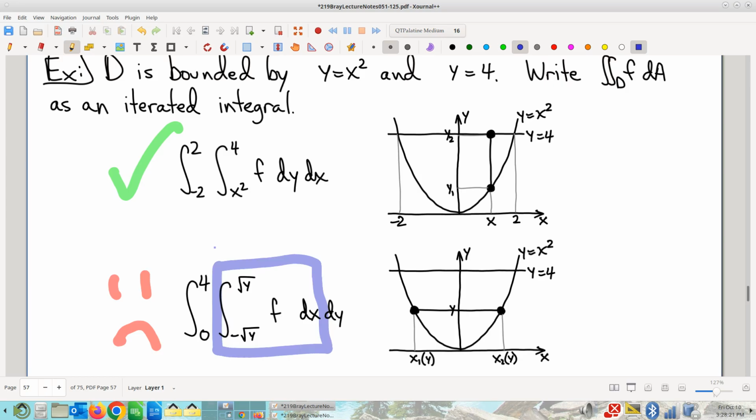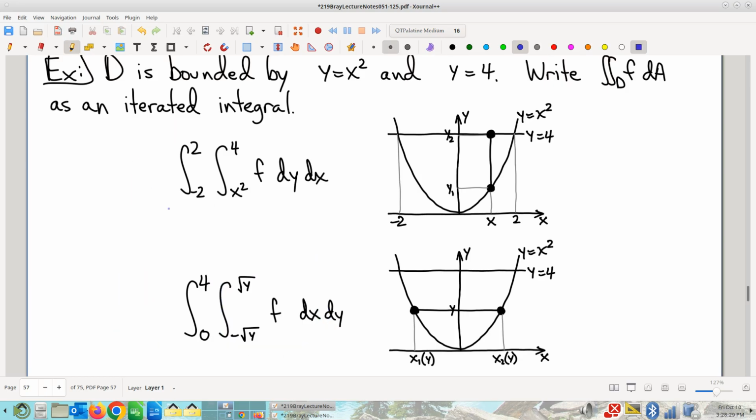Let's be realistic. Most of the time, right? And here's my take on that. Why did I get the square roots? Roughly speaking, I got the square root because by putting dx on the inside, I arranged for a situation where I was going to need to solve for x.